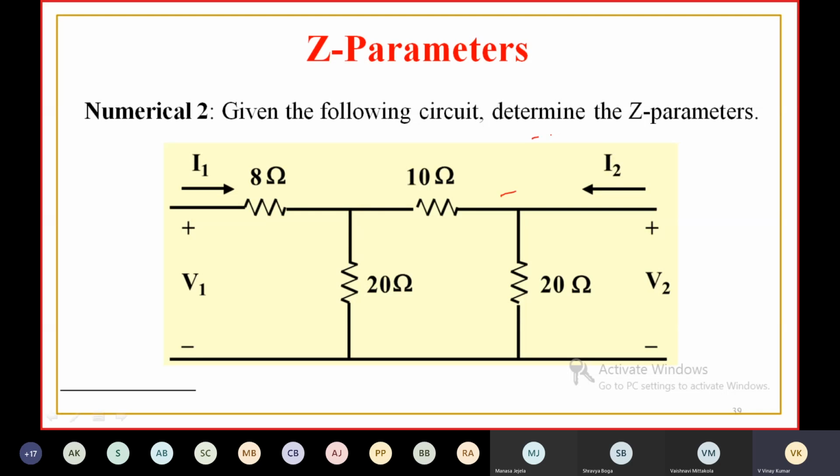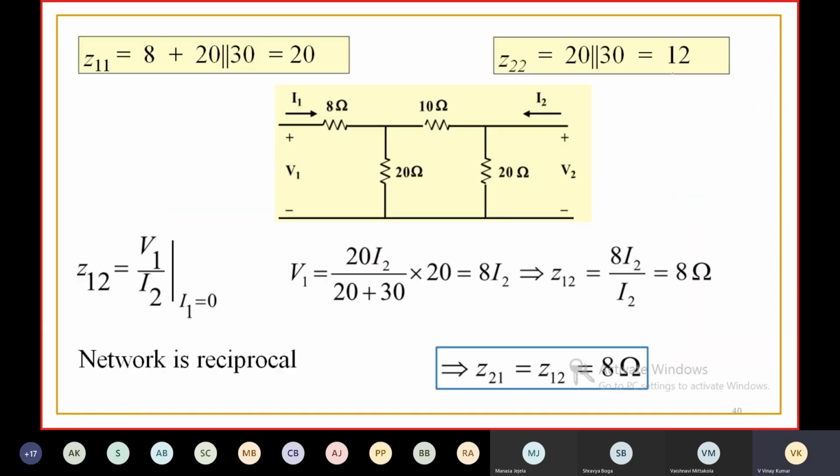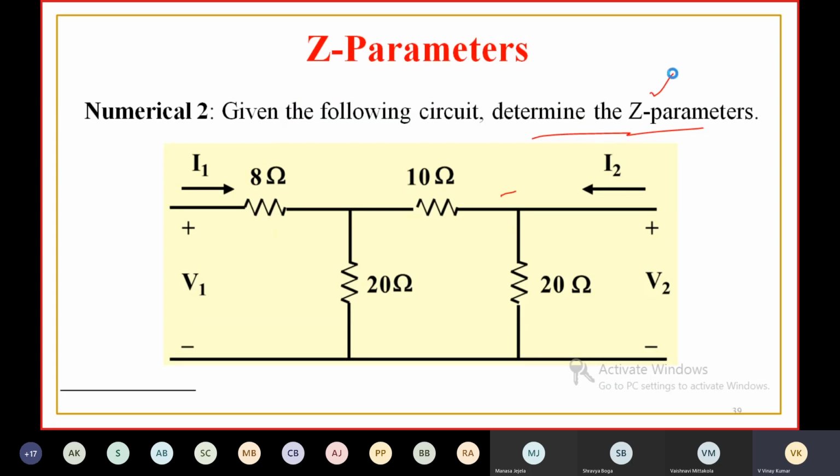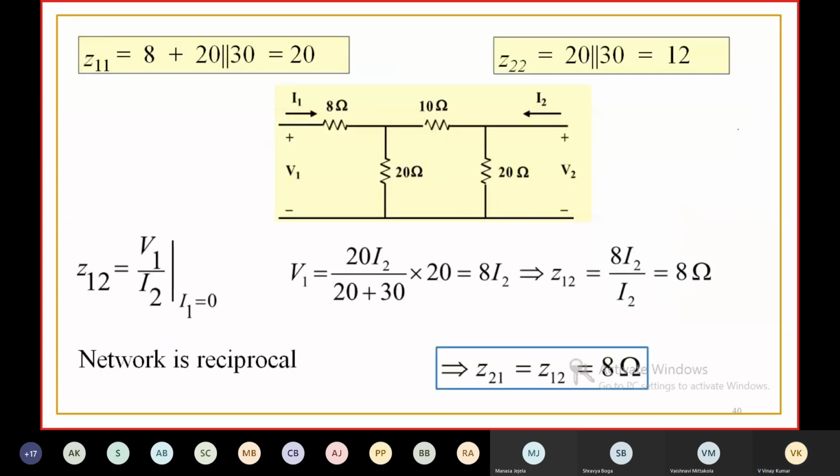This is the given circuit. We are asked to determine the Z parameters. We can find Z parameters by open circuiting either port 1 or port 2. Now let us find Z11. What is Z11?